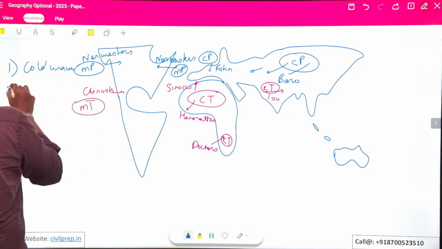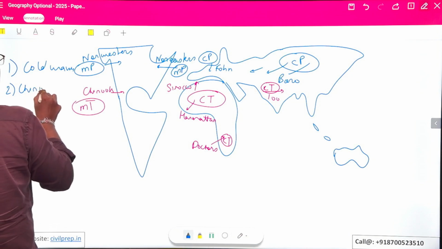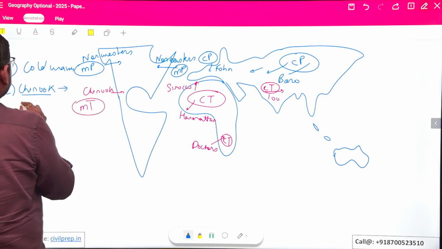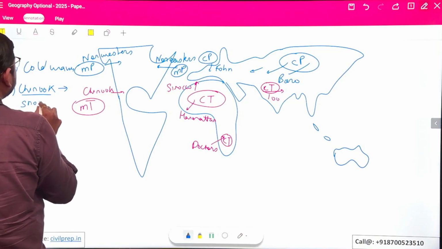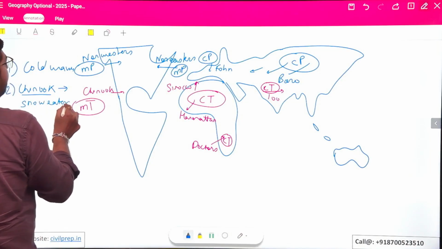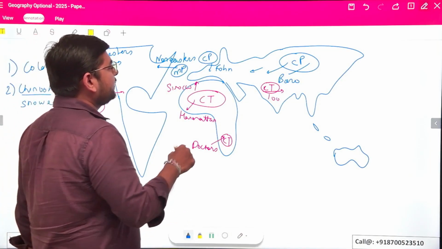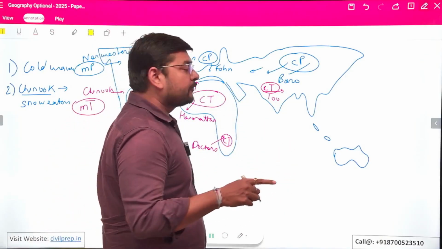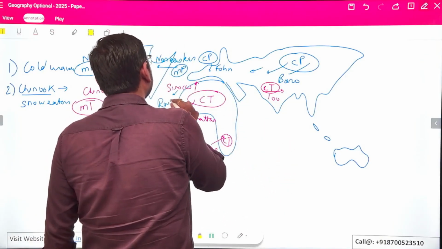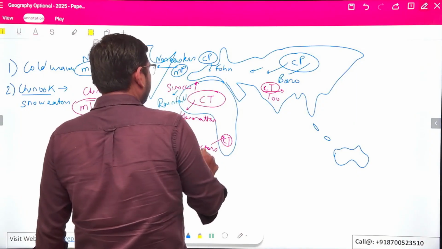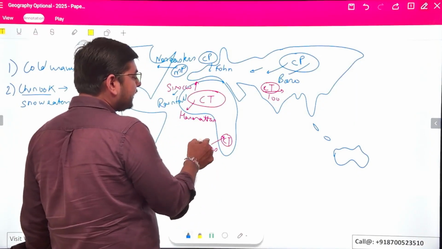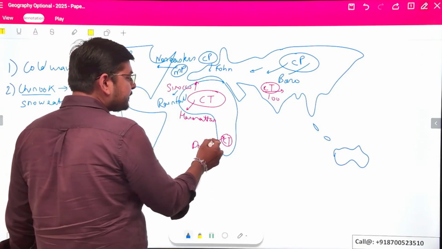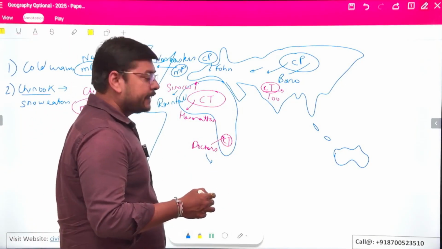This Chinook, the Chinook winds, are called snow eaters because they expand adiabatically. Similarly, the Sirocco is useful for rainfall. These Doctors bring warm winds from the ocean region, which helps the coastal areas of this region.